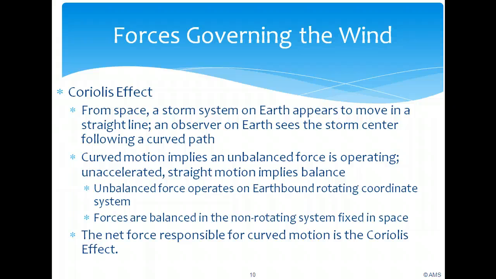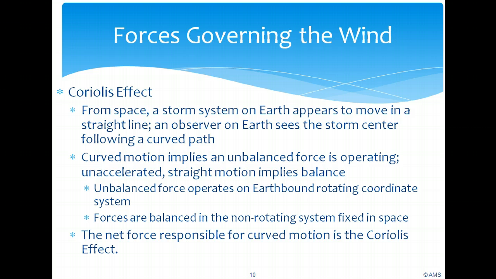If we go back to Newton's first law of motion, we can assume that air will remain moving in a straight line unless it is influenced by some sort of unbalancing force. The Coriolis force opposes pressure gradient acceleration in that the moving air changes direction.